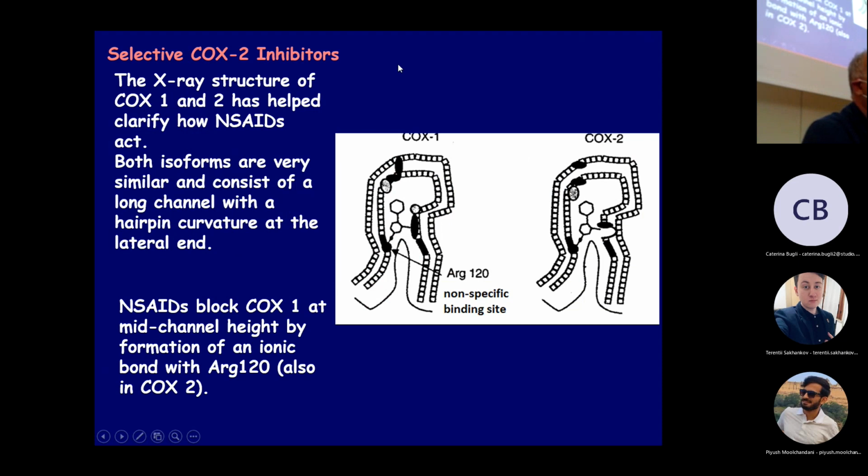Last part of the lesson, selective cyclooxygenase 2 inhibitors. We have already described the difference in the chemical structure between the two cyclooxygenases. In particular, you can see there is a small pocket in cyclooxygenase of 2 type due to a different amino acid in this position.